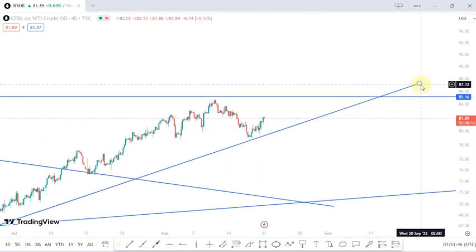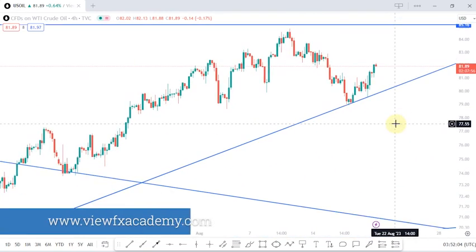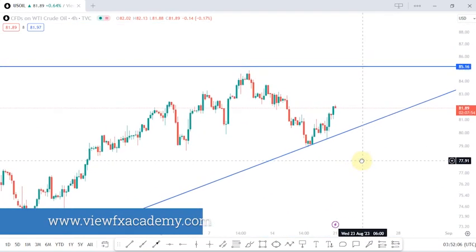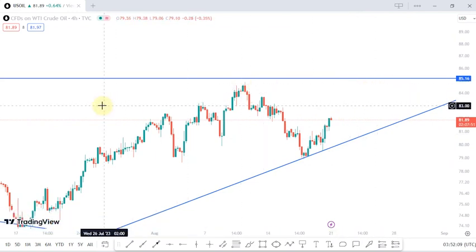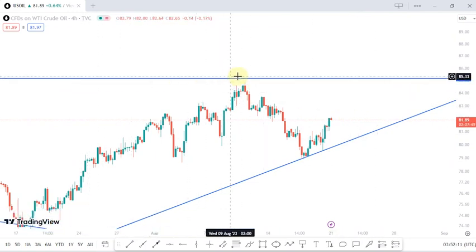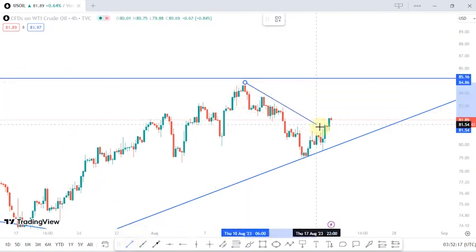So I have to adjust my trend line. I can see that oil is trying to go up, and we have a support and resistance level we plotted on a higher time frame. So this is what we need to watch out for.